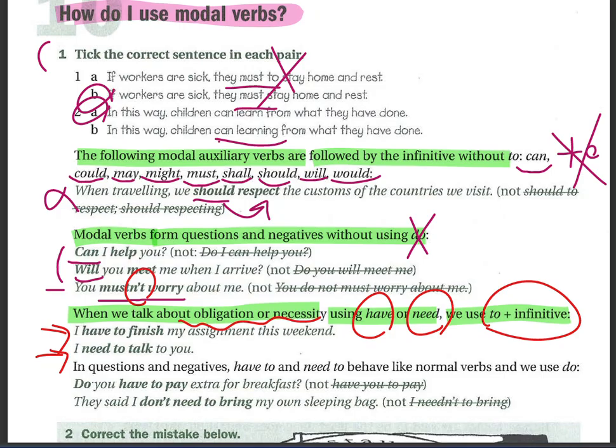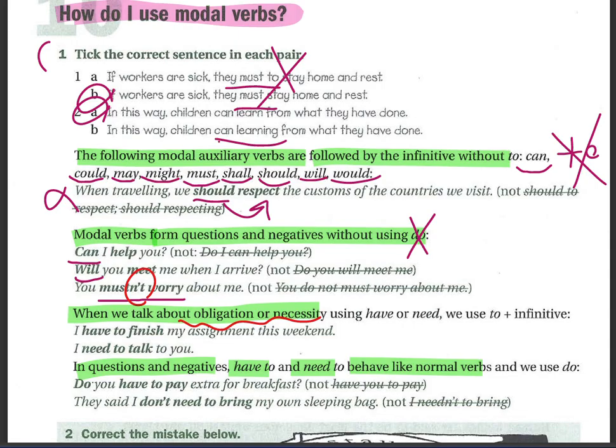Great. In questions and negatives, have to and need to behave like normal verbs, and we use do. Look at here. Do you have to pay extra for breakfast? They said, I don't need to bring my own sleeping bag. So one point is really important here.